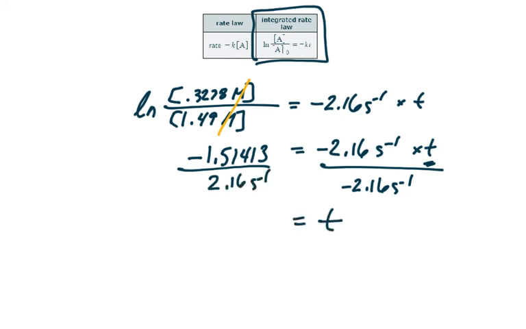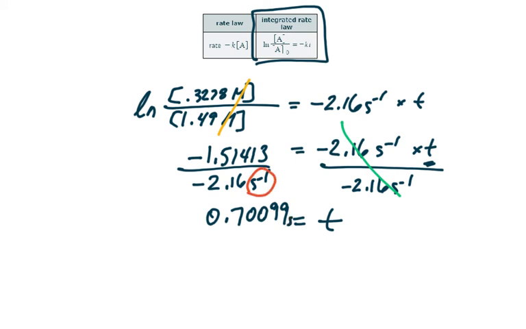We get t is equal to, so it cancels over here, t is equal to, and this was negative, t is equal to negative 1.51413 divided by negative 2.16, and I get positive 0.70099. And our units here, seconds.